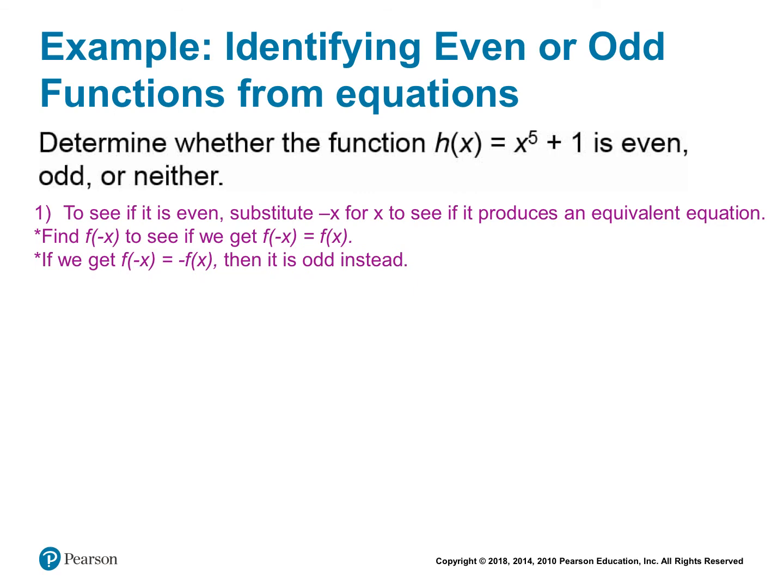Okay, last one. Is this one even, odd, or neither? So let me write the original, find if it's even or not. h of x equals x to the 5th plus 1. So I'm going to substitute negative x for x.